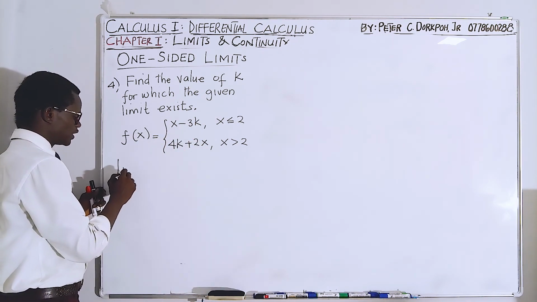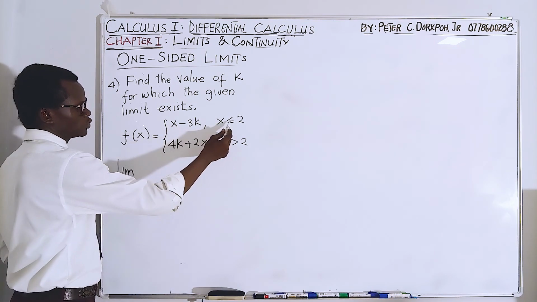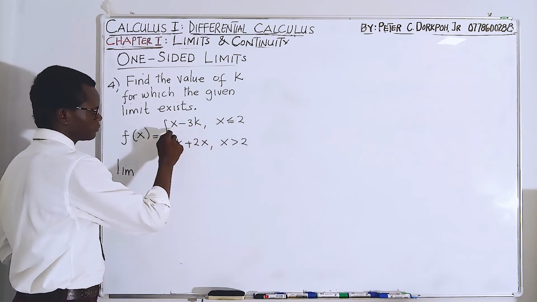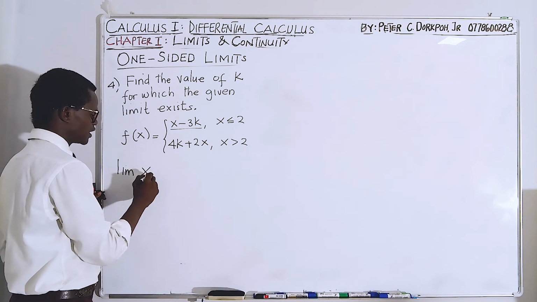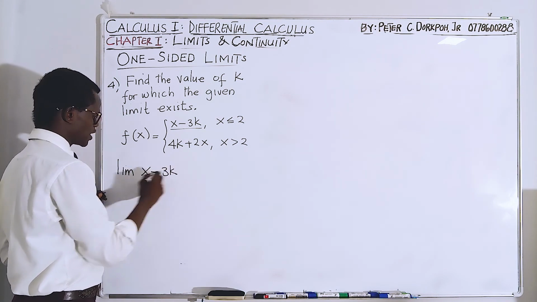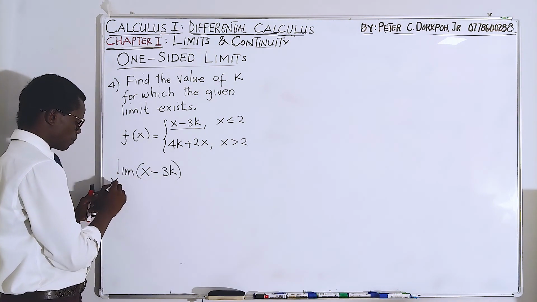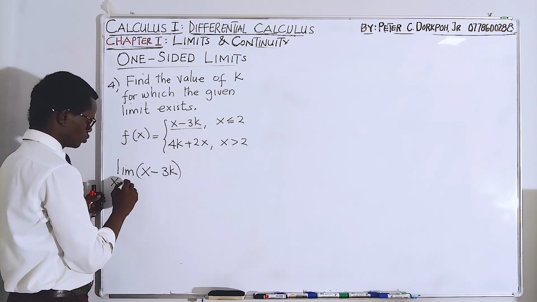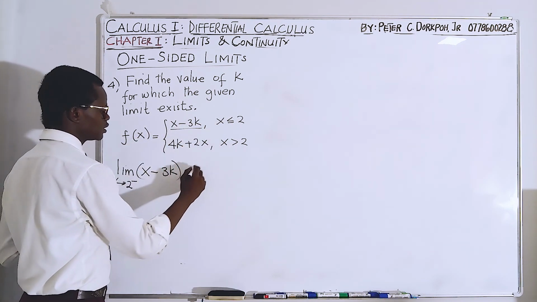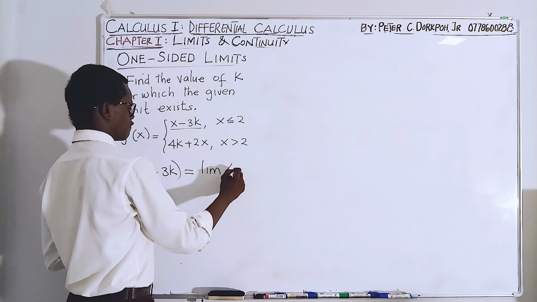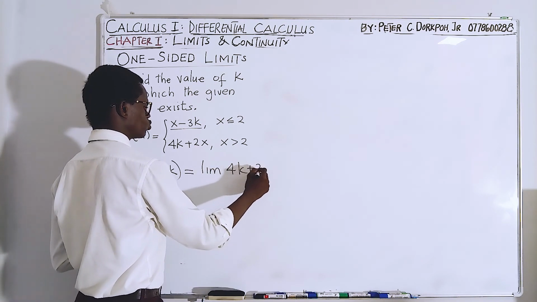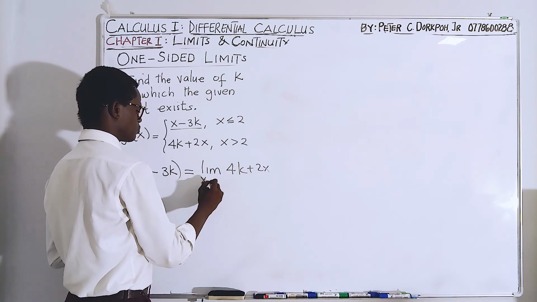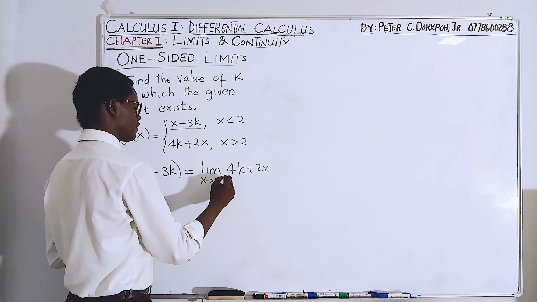So we have the left hand limit. Remember we told you when it is less than, it's left hand. So this function represents the left hand limit: the limit of 2 minus 3k as x approaches 2 from the left is equal to the limit of 4k plus 2x as x approaches 2 from the right.